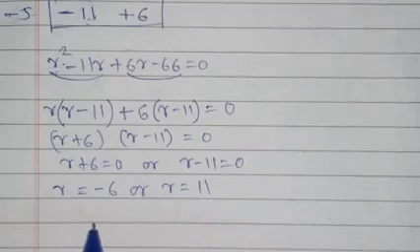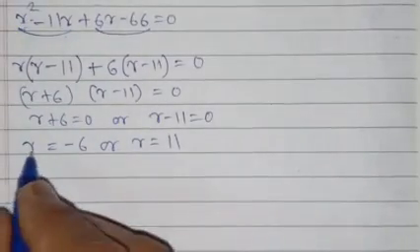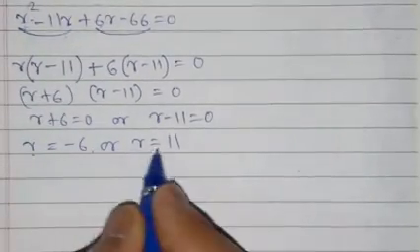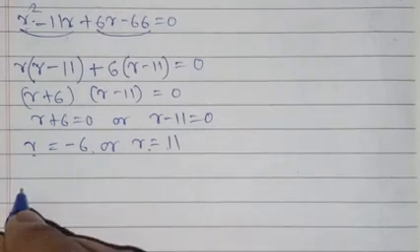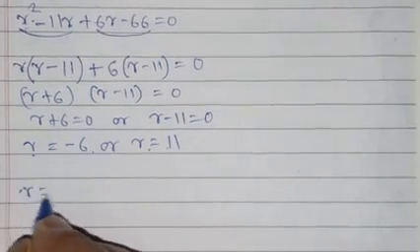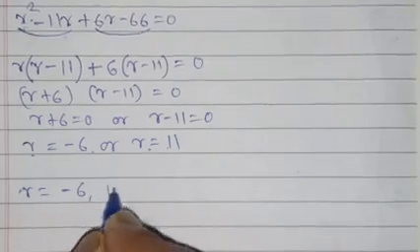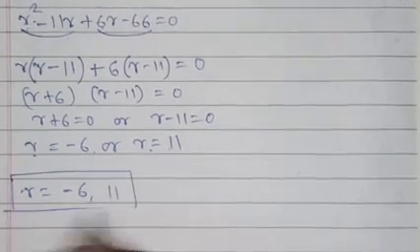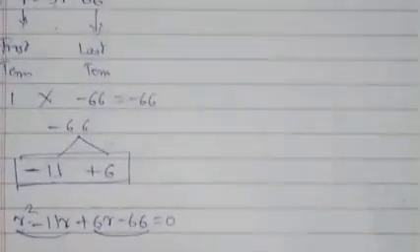So therefore the factors for this equation r square minus 5r minus 66 is either r is equal to minus 6 or r is equal to 11. So we write finally as r equal to minus 6 or 11 as a factor of this quadratic equation.